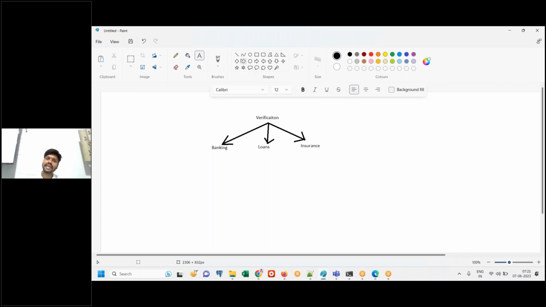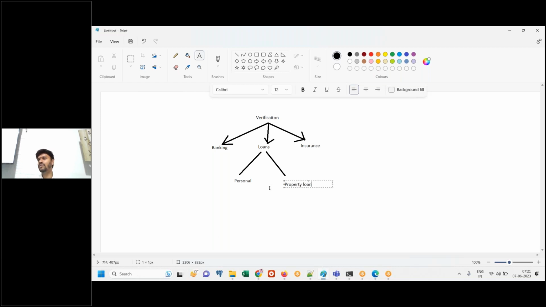The other way around, I can tell you inheritance in general. Loan is there, right? Again, loan can have classes below. Yes, loan has personal loan and property loan. Any loan, we need to collect customer details. So the customer details form is created here, and created here. How many times are you creating? 2 times.